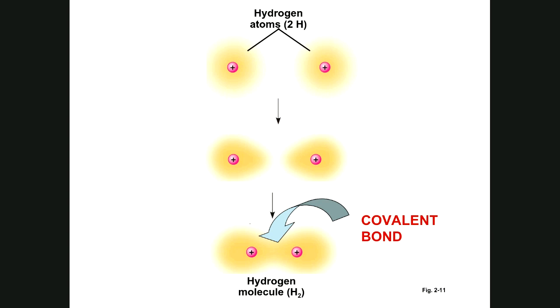Do you think that one of them will take the electron of the other? They are trying to obey the Octet rule. They have only one shell, so they need two electrons on this shell. They have only one. So they are going to make peace. They are going to share the electrons covalently, and each element thinks that it is stable. This is what they are doing.